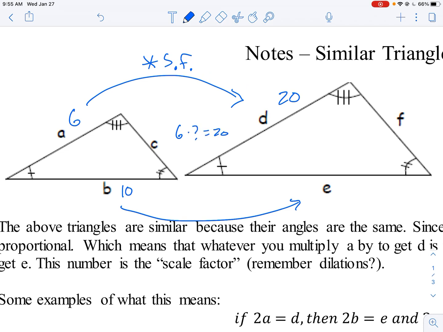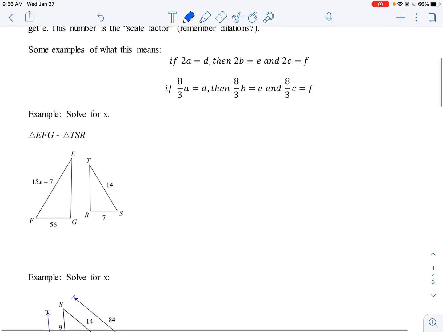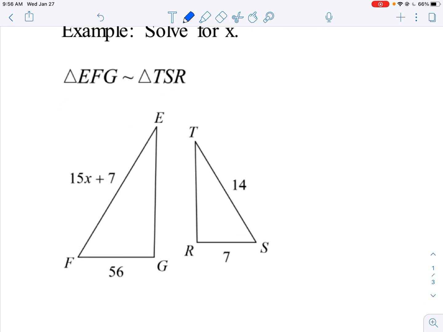And then times 10 by that same scale factor, and it'll give you E. So if you're not quite sure what that is, you can divide by 6. Scale factor is 10 thirds. And you can times 10 by 10 thirds to get 100 thirds. And that's going to be the E value here. So that's what's going on, and you can do that to get any of the values on the other triangle.